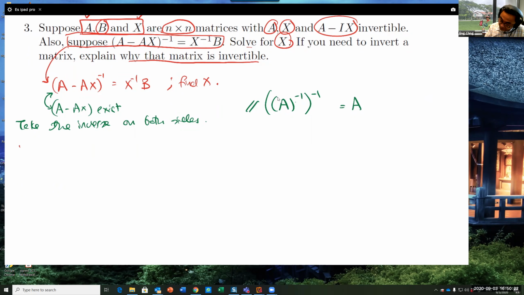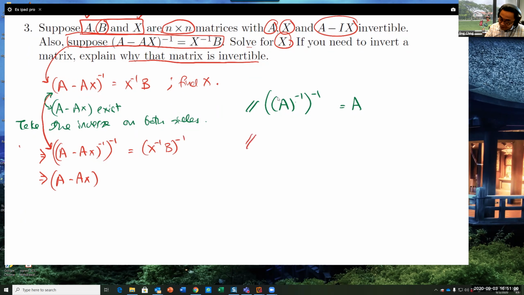All right, so what happened? (A minus AX) minus 1 minus 1. That's why I'm playing this trick. On the left-hand side, the inverse of an inverse is the same guy, A minus AX. On the right-hand side, we take the inverse.